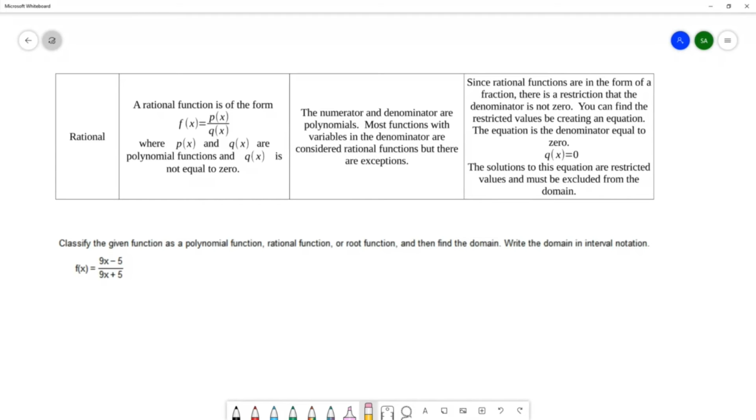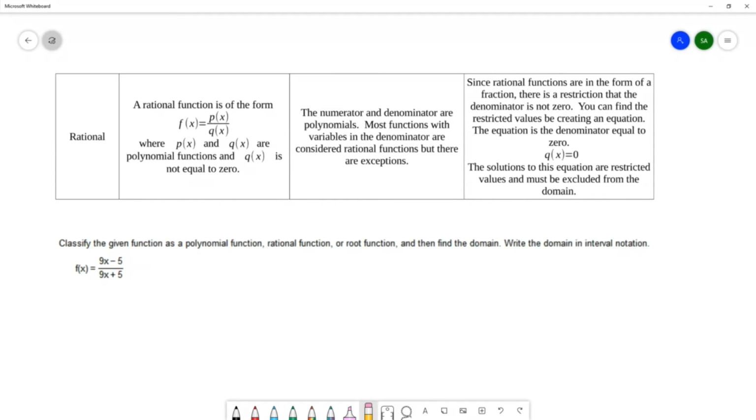Division by 0 is undefined. So because we cannot divide by 0 and that's undefined, we have to exclude that from the domain. So we're going to take our denominator, which is q of x, and set it equal to 0, and that's going to help us come up with our restricted values and which values need to be excluded from the domain.